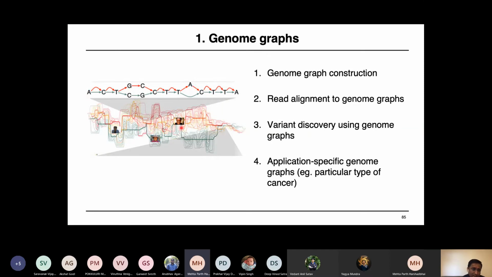For example, we represent the sequences in the form of a graph, and one path in this could be Vedant, one could be Yagya. Sorry to put you on the spot, guys, but this is just an example. And similarly, you could have one female of African heritage representing a different path, and so on. And you have a bunch of these mixed and diverse people represented in the reference.